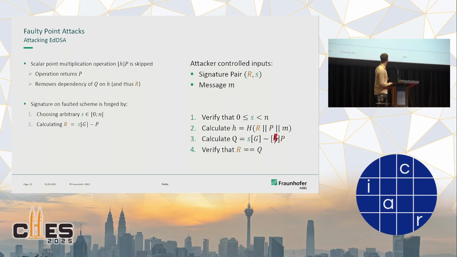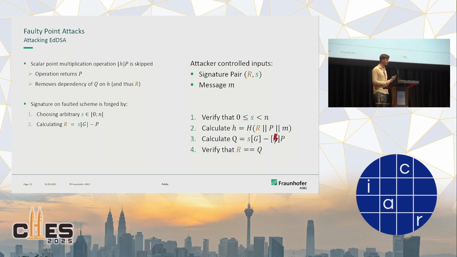We need to find the value R, and since this witness point Q here doesn't depend on the hash anymore, since we faulted that, it also doesn't depend on R anymore, so we can just calculate this missing value by calculating s times G minus P. This gives us our forged signature that will then be accepted if we manage to get this fault in somehow.